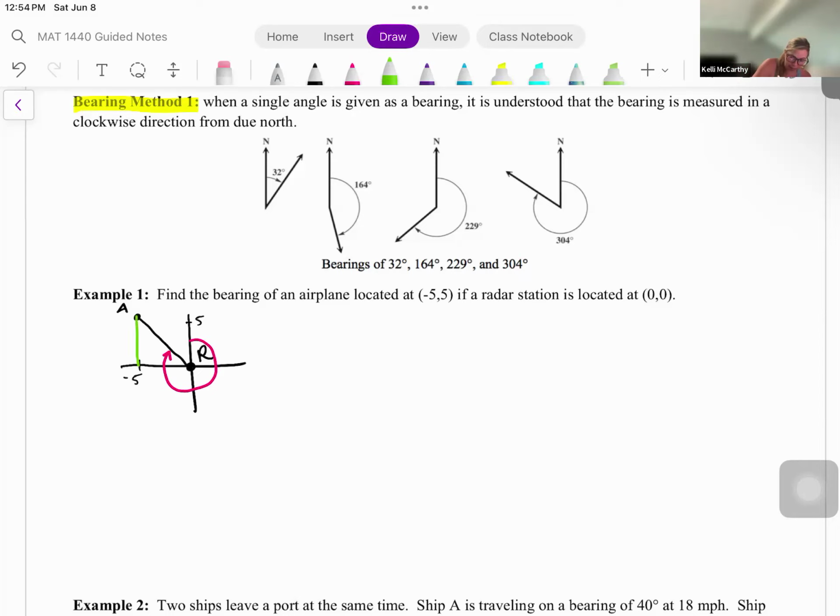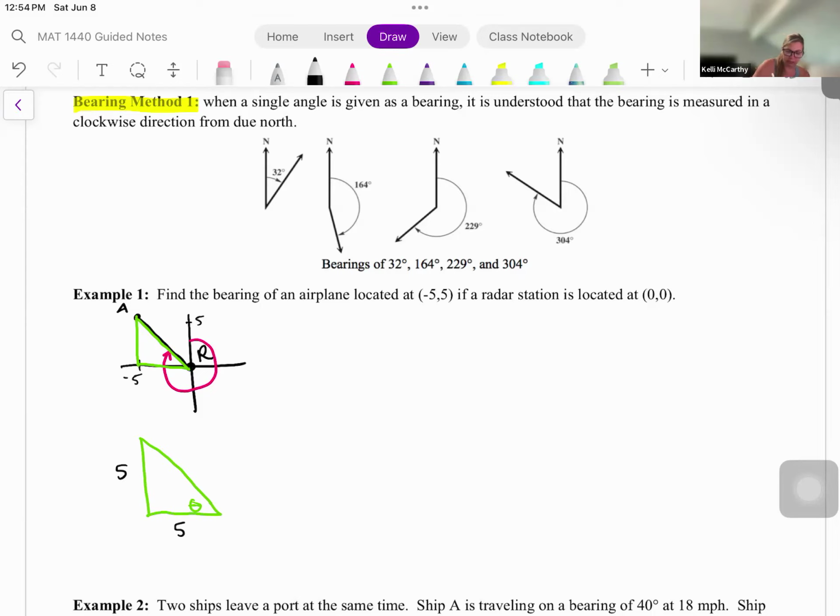I'm going to redraw it, because a lot of times it is easier if we redraw. If I can find this angle theta, then I can find that bearing. Pulling this triangle off the coordinate grid, we get just the magnitudes of those lengths, 5 and 5.